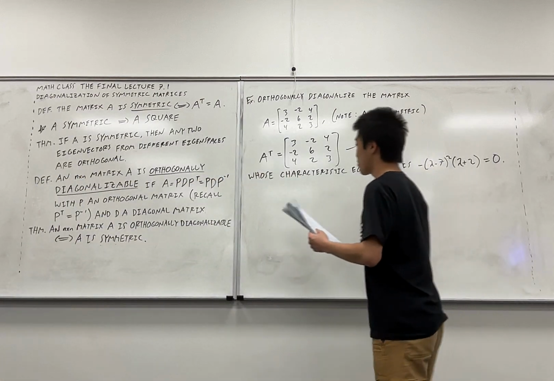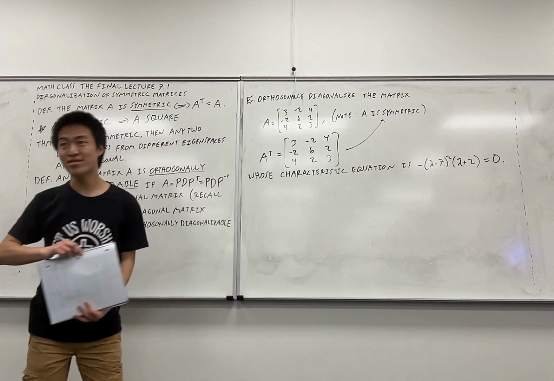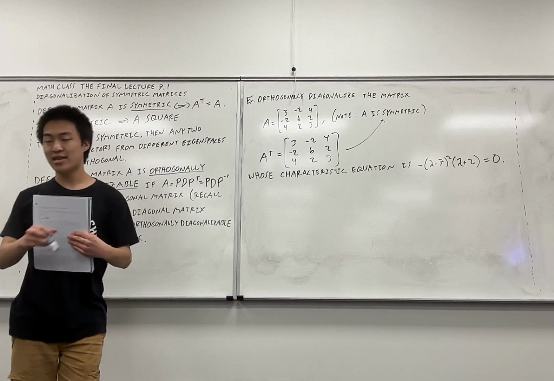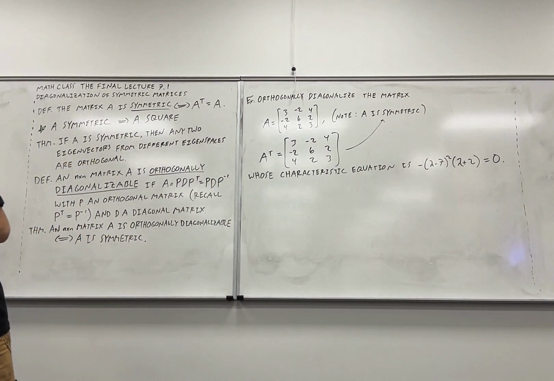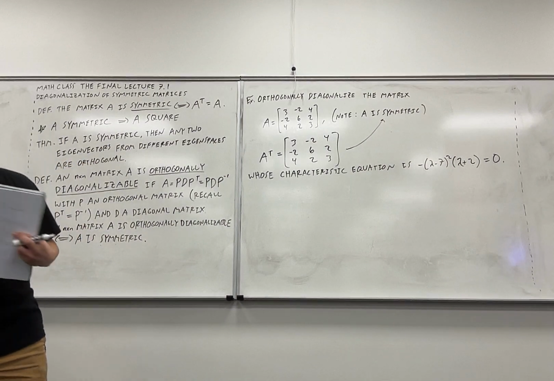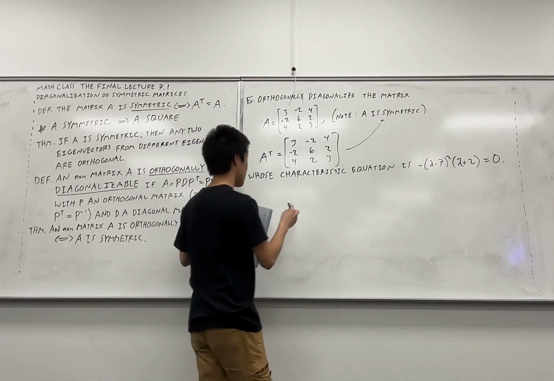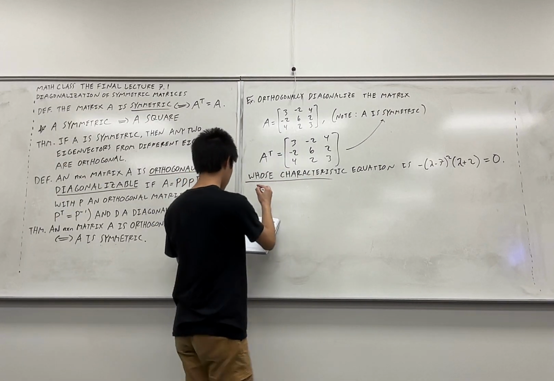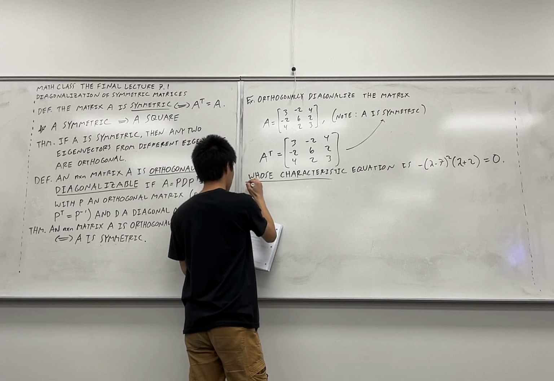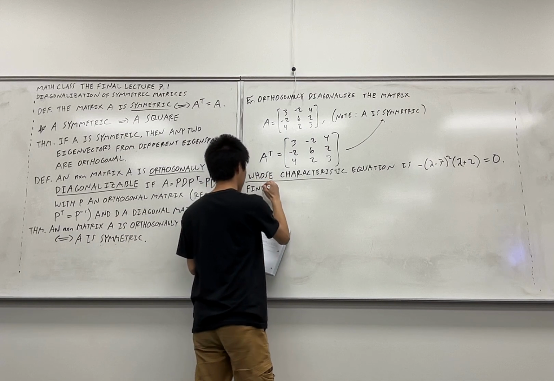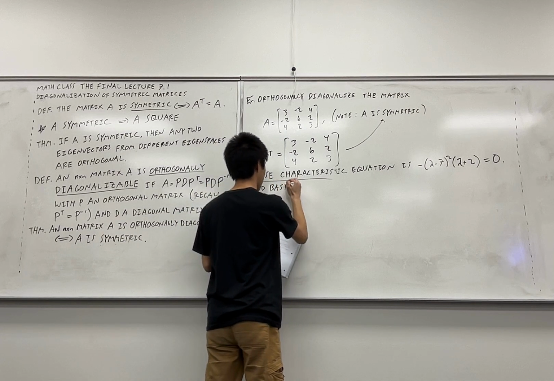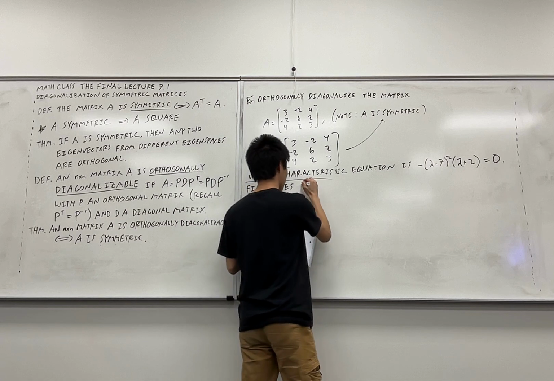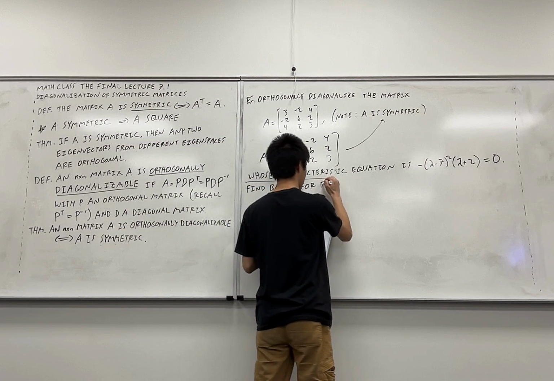So the usual process for diagonalization is no different. We're going to start exactly the same way. So what are my eigenvalues? We want to find bases for my eigenspaces.